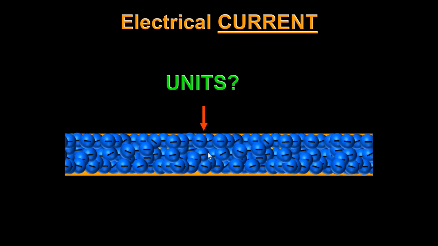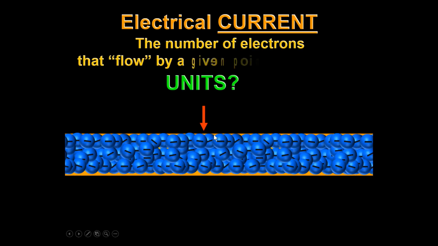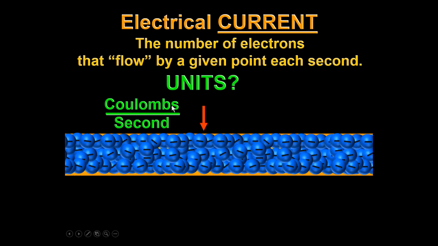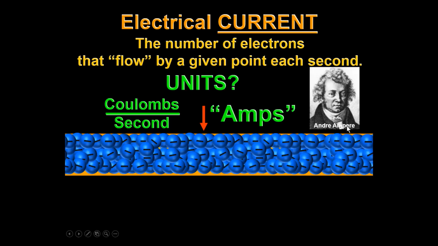It was a quantity of water flowing by every second, so it's going to be a quantity of charge flowing by every second. So coulombs is our quantity of charge, and it's how many coulombs go by every second. And there is a common unit. Coulombs per second is the same thing as amps, and it was named after Andre Ampere.